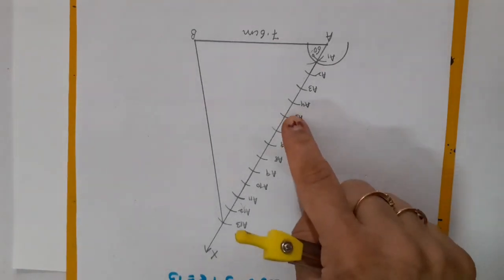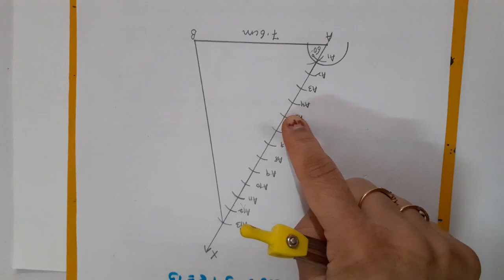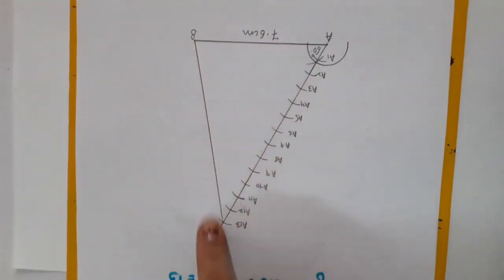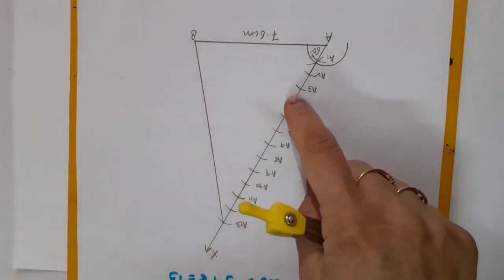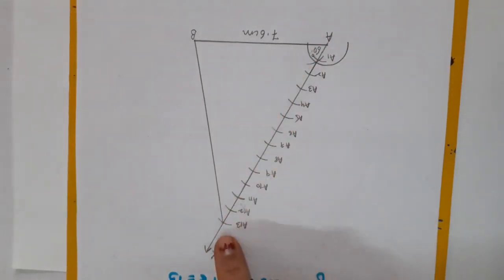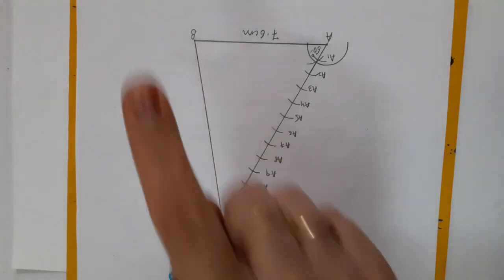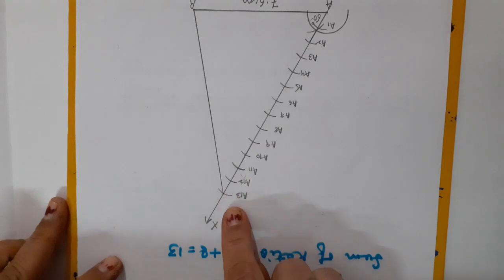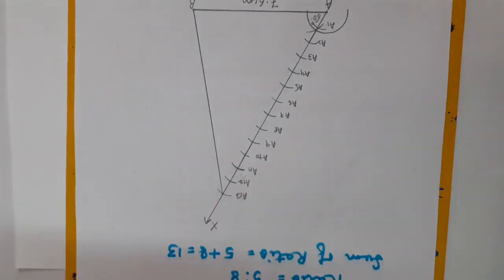From A5, draw A5O which is parallel to A13B, by making an angle at A5 that must be equal to the angle at A13B. Fine. So what I am going to draw? First of all, I am going to draw an arc on point A13 of any suitable radius.